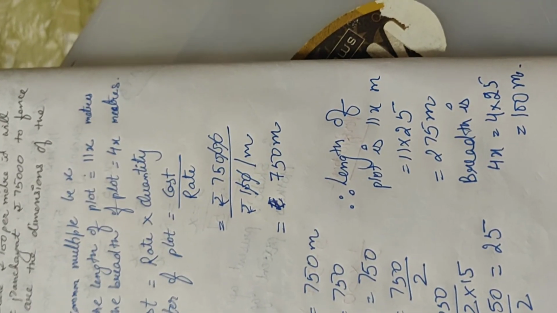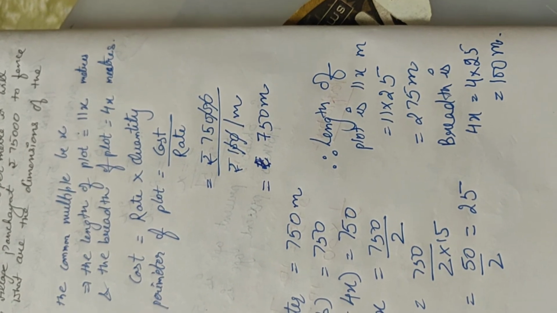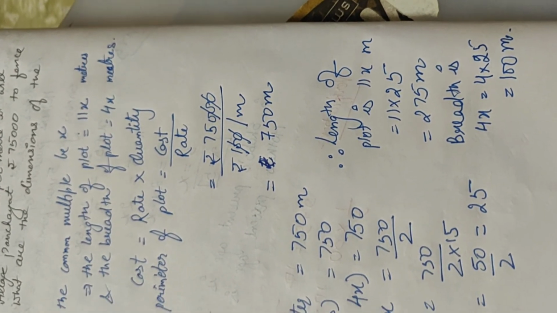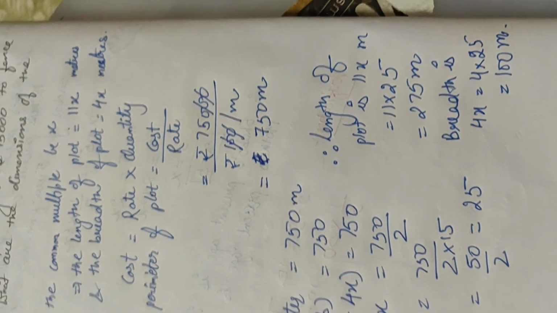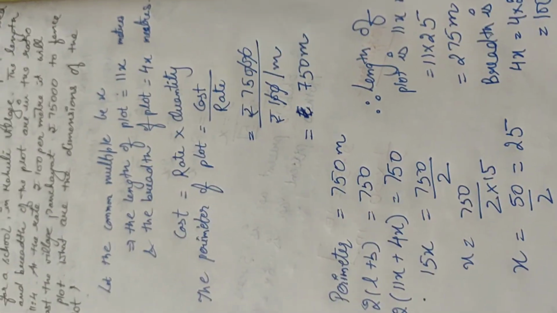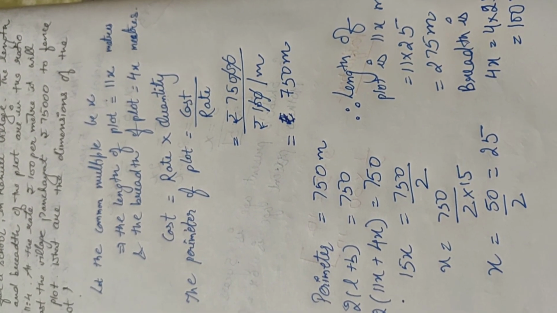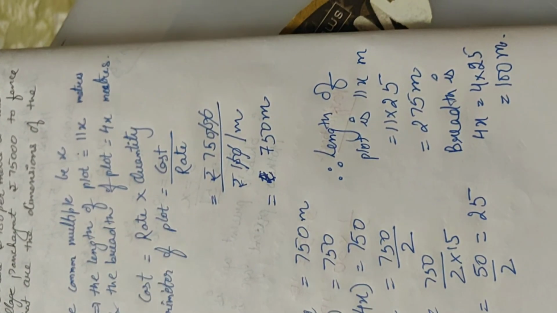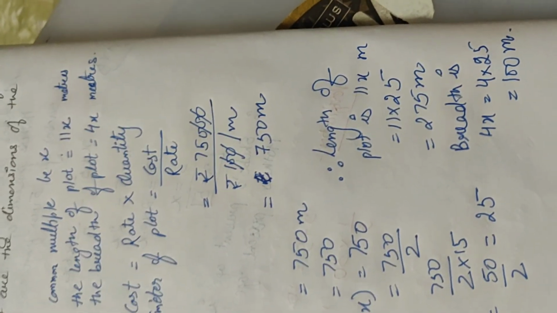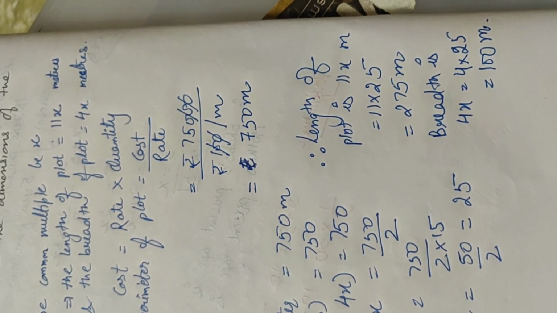When we add them, we get 375, and twice of 375 is 750. Now you can even see, if the rate was rupees 100, 750 multiplied by 100 gives you 75,000. Even if you check the ratio of 275 and 100, the ratio will come out to be 11 by 4.